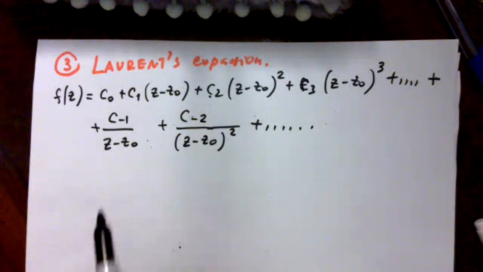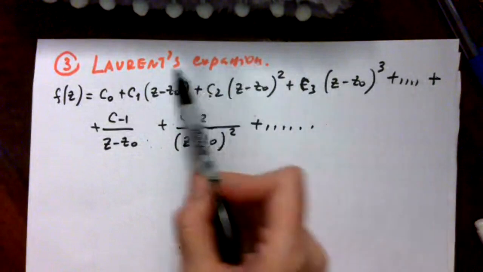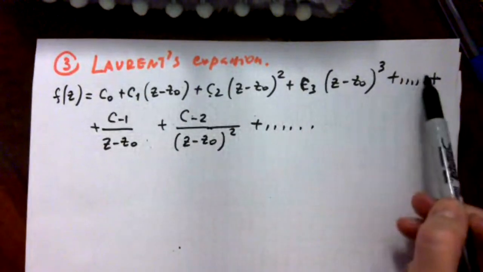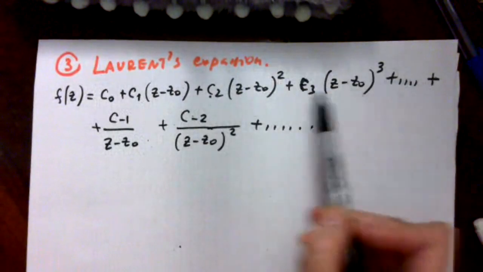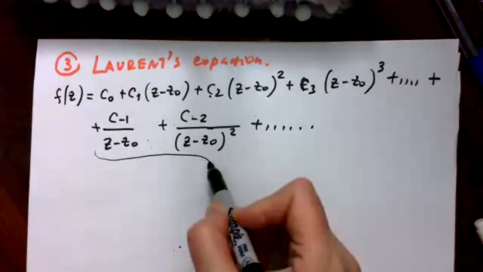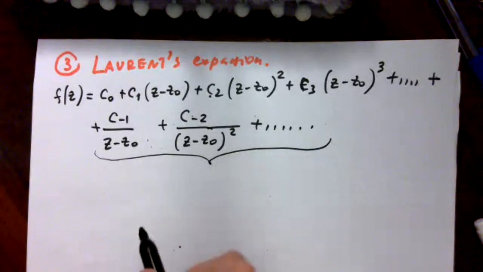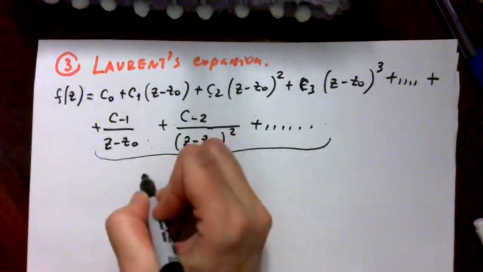And moreover, you can see that this Taylor series corresponds to these first terms. Not first terms, there could be an infinite number of these terms. But this part corresponds to a Taylor series. And there can be this other part, and this part is so important in complex number theory that it was even given a special name.